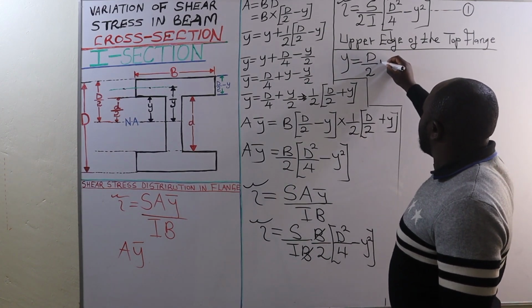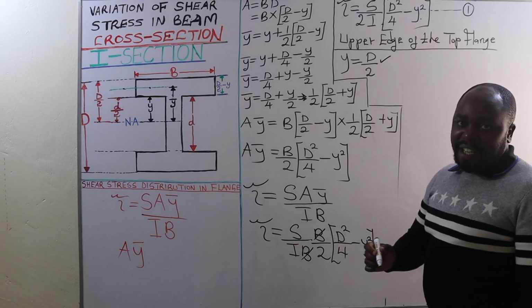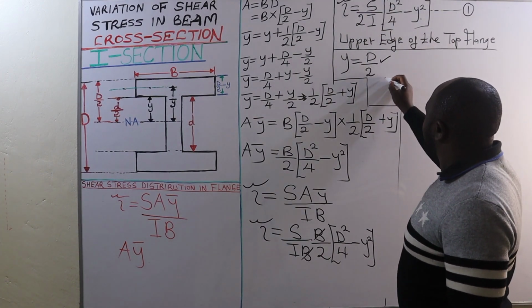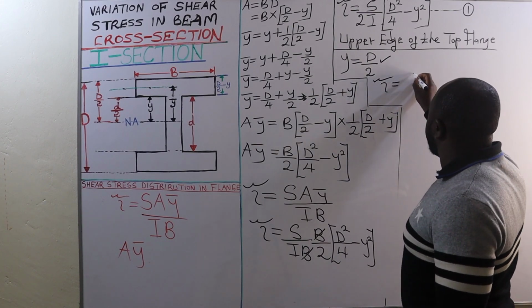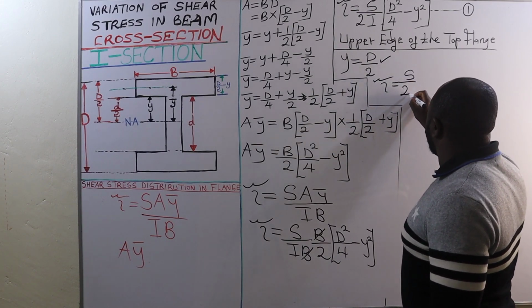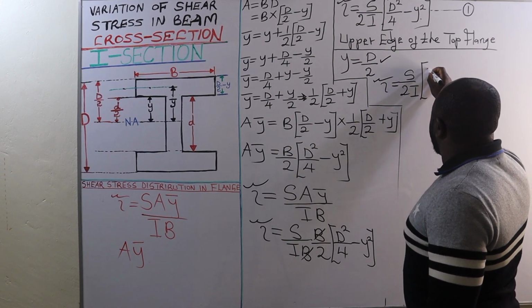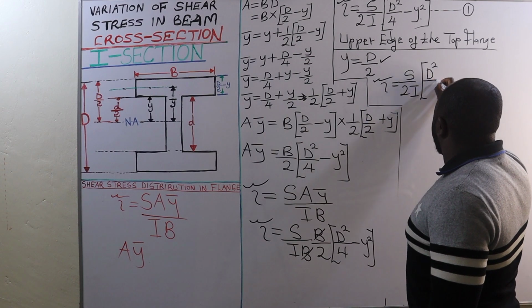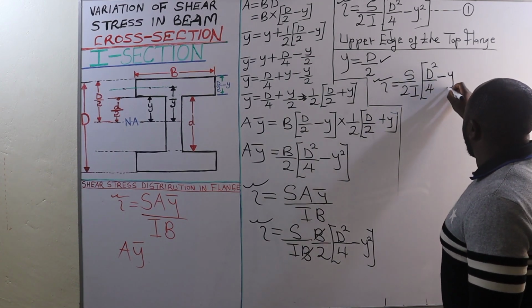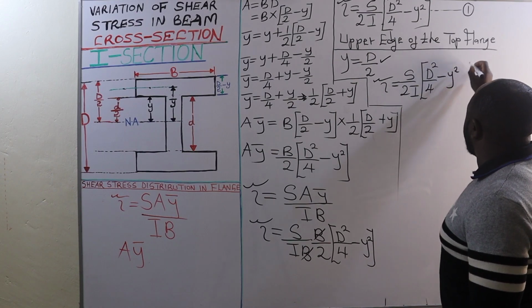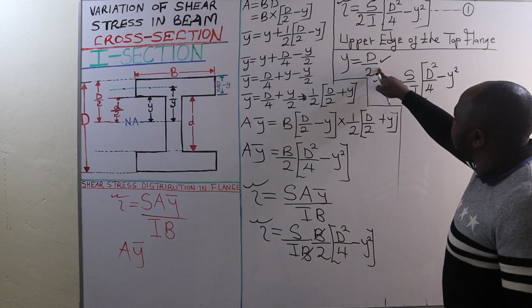Therefore, substituting this Y at equation 1, we are going to have shear stress being equal to S over 2I into D squared divided by 4 minus Y squared. And Y is D over 2.